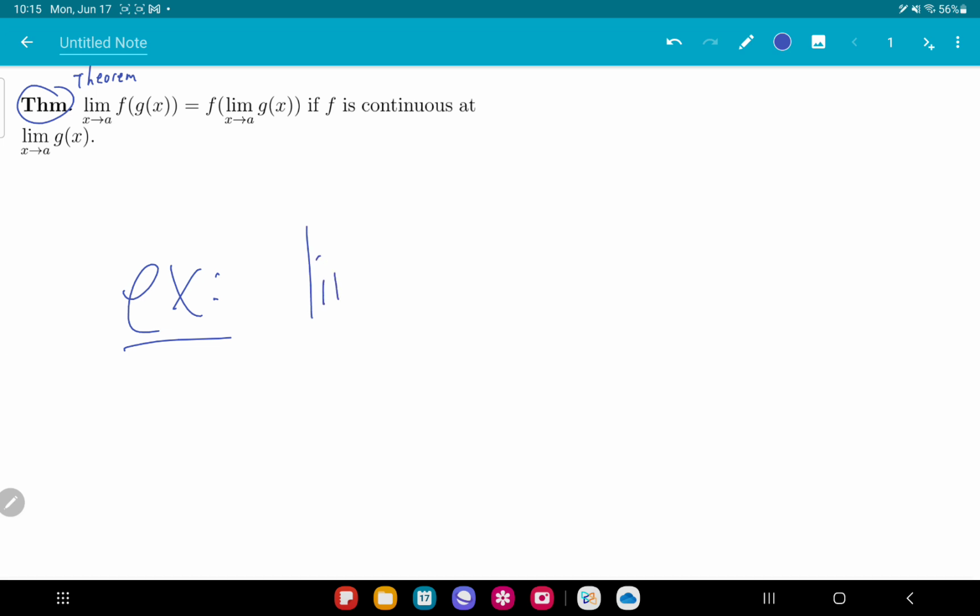So if I'm doing the limit, say x goes to, I don't know, 3 of sine of x cubed. Okay, we're allowed to take this limit and move it inside under certain circumstances.